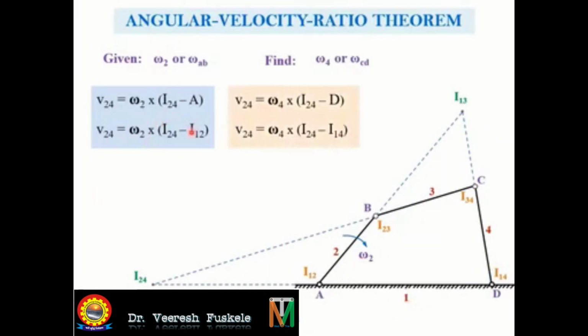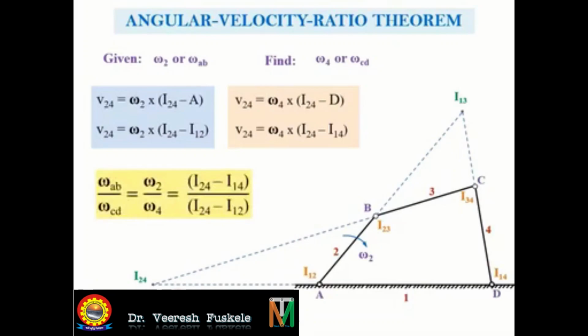As we know, these two velocities will be equal, so we get omega 2 upon omega 4 as I24 minus I14 divided by I24 minus I12.